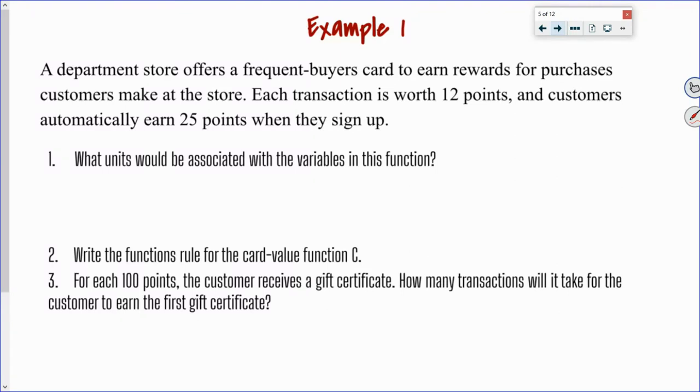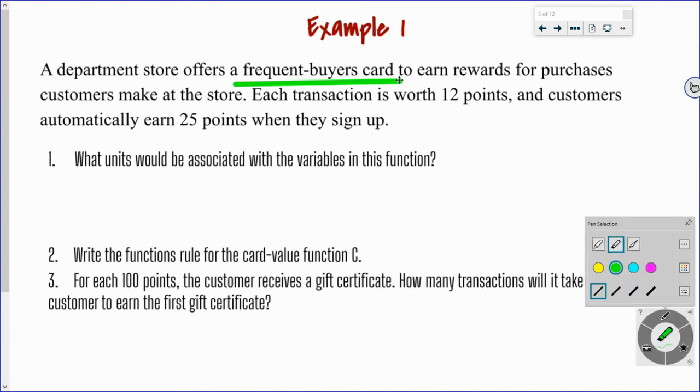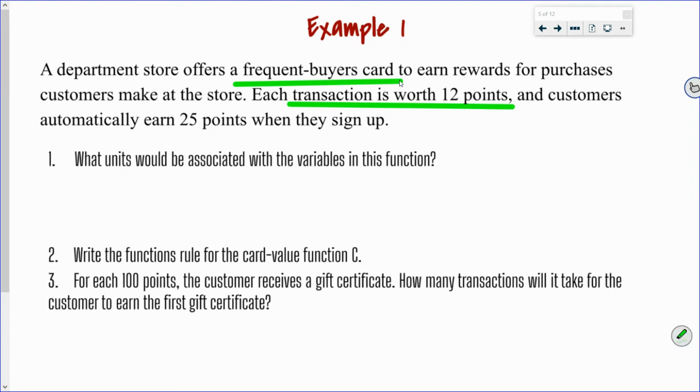So what you probably want to write down is: a department store offers this frequent flyers buyer's card to earn rewards for purchases that customers make at the store. Now, each transaction is worth 12 points, and customers automatically earn 25 points when they sign up, okay?